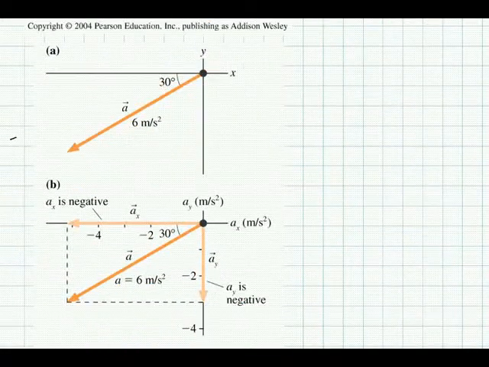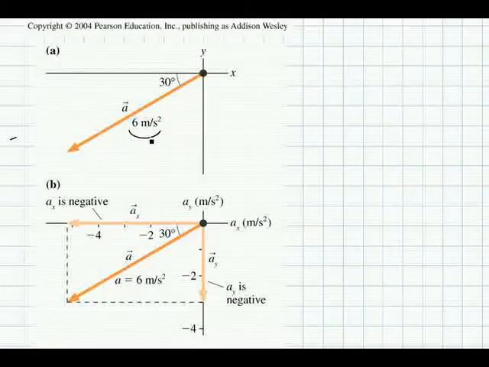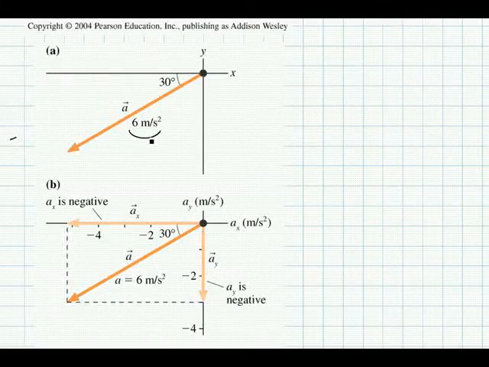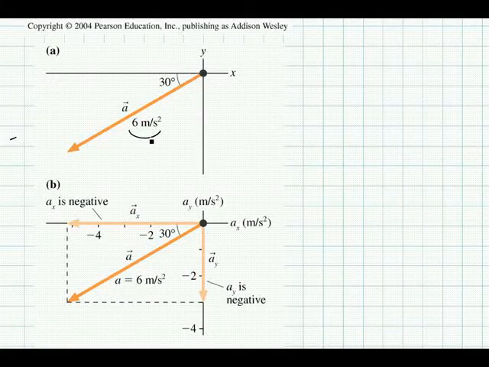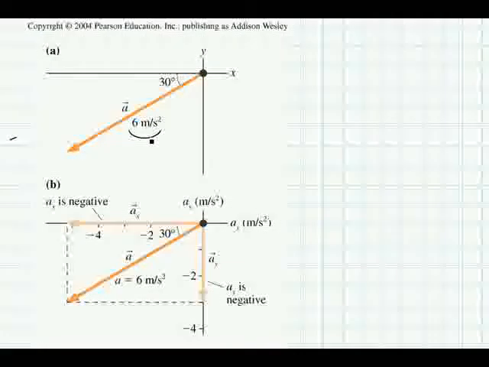So here's an example. We have vector A, which has a magnitude of 6. In this case, it's an acceleration vector, 6 meters per second squared. And the acceleration vector makes an angle of 30 degrees with respect to the negative x-axis.